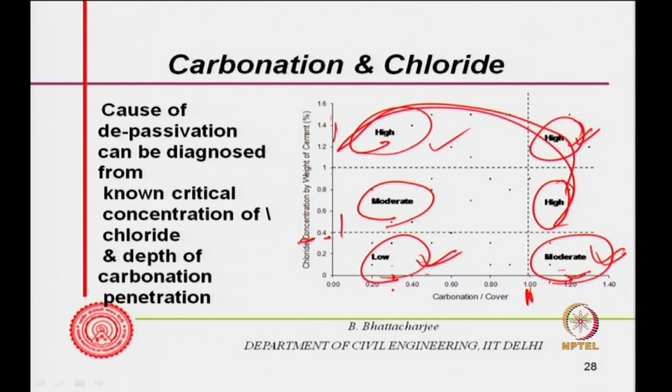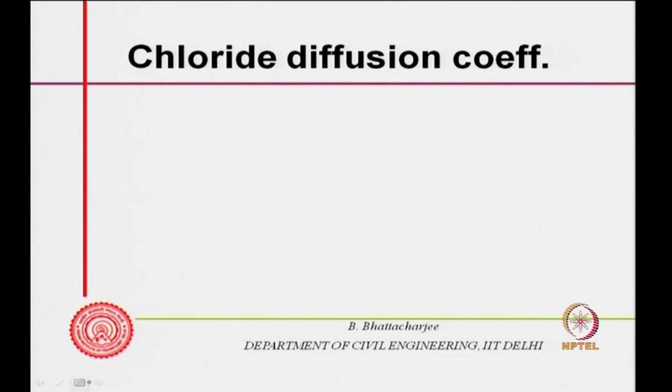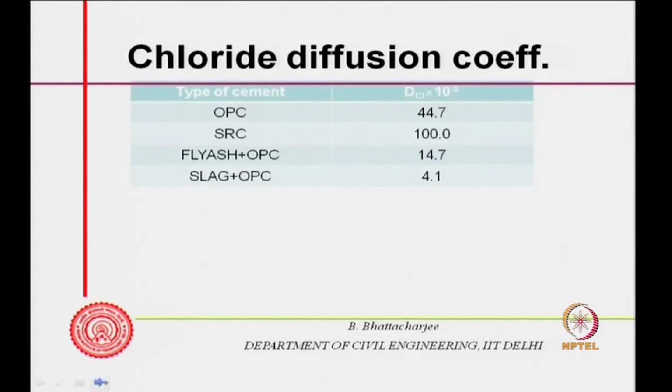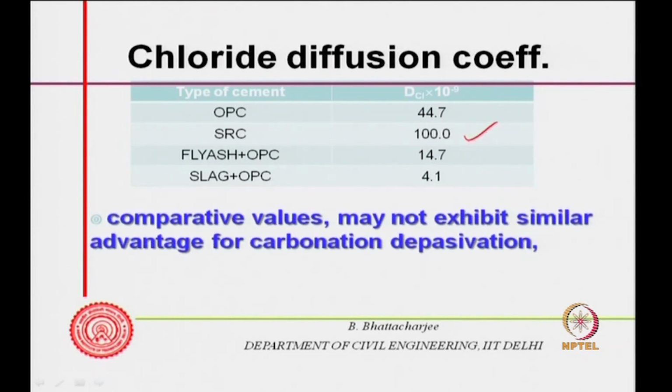Well, these are some guidelines available, but they may not be very accurate, though they can be used for in situ concrete. On the chloride diffusion coefficient, it has been seen that sulphate resistant cement gives a high chloride diffusion coefficient compared to slag OPC combination or fly ash OPC combination.